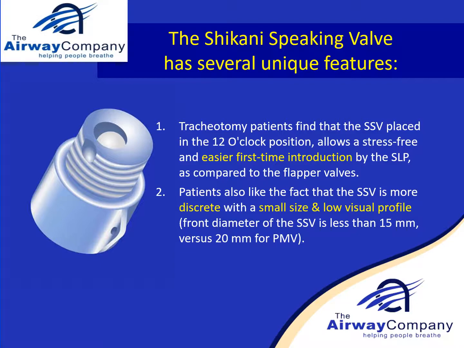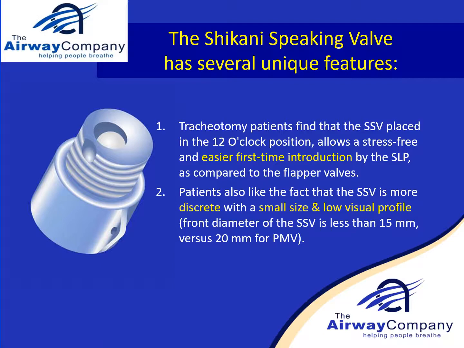Another major advantage is that when placed in the 12 o'clock position, the valve allows a stress-free and much easier first-time introduction by the speech-language pathologist as compared to the flapper valve, which saves significant time to the SLP and significant anxiety to the patient.